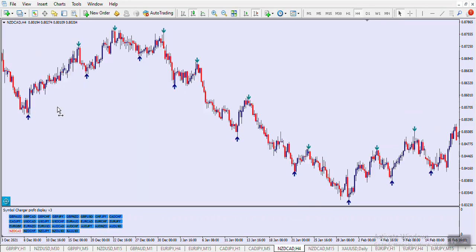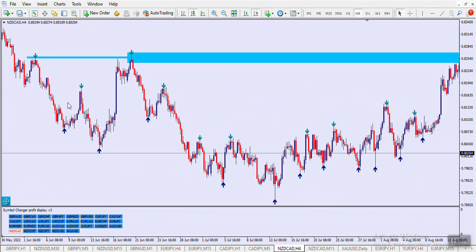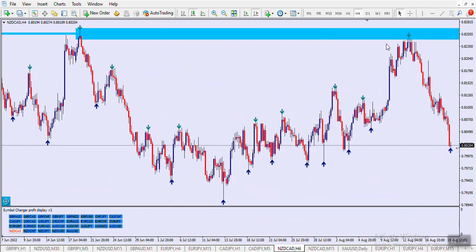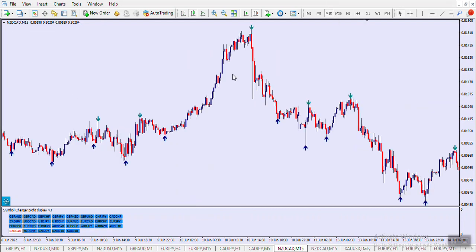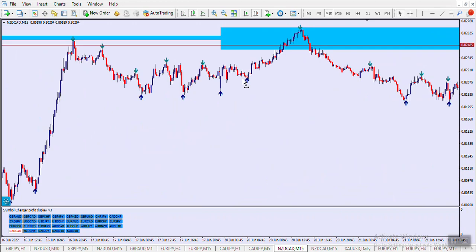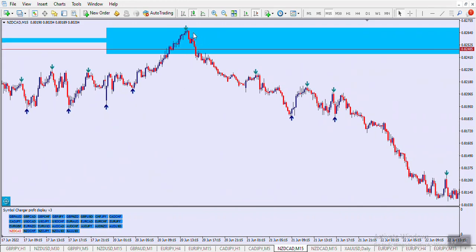Then coming back to the 4-hour time frame, this is my sell zone. So when price hits the zone, you sell. Just when price hits the order block, you sell, right? Then for you to reduce your stop loss, you can drop down to 15 minutes time frame. Then coming back to 15 minutes time frame, inside the order block we had this bullish candle.